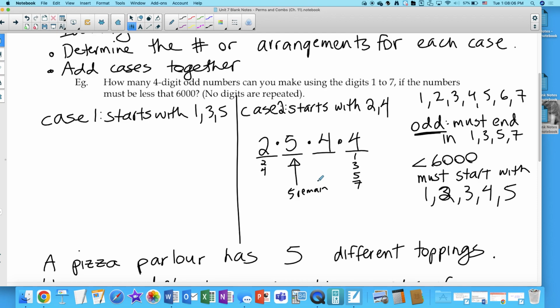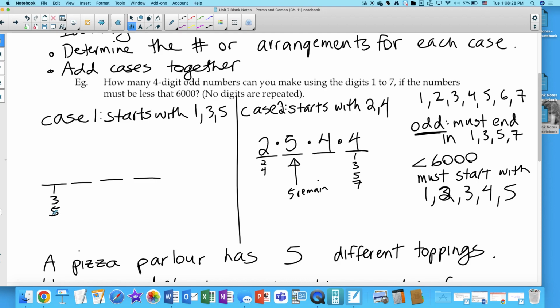Okay. Now the other case is that I'm using numbers from this pool for both the first and the last digit. Right? So if I start with a 1, 3, or 5, then I have 3 options here.